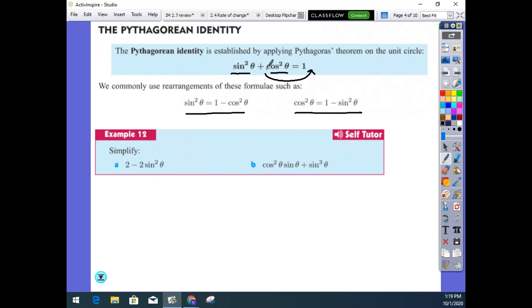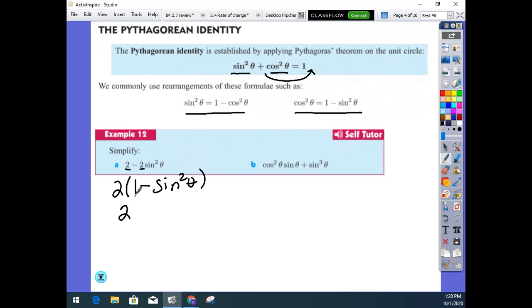Number 12, we can actually do number 12 a couple different ways. Notice that they each have a 2. There's a GCF of 2. So if you factor out that 2, we get 1 minus sine squared.